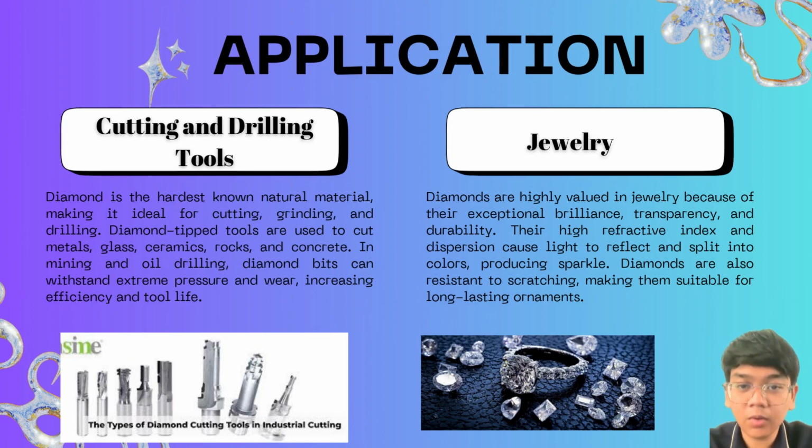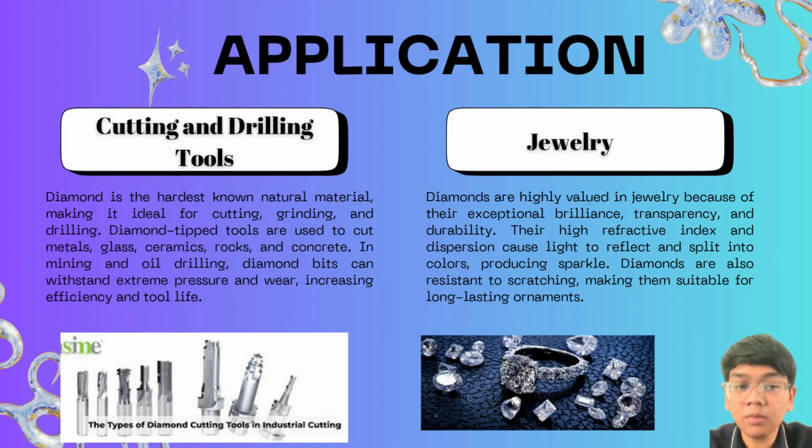On this slide, we would like to explain the application of diamond, focusing on how its unique properties make it very useful in both industry and jewelry. On the left side, we see how diamonds are used in cutting and drilling tools. Diamond is the hardest natural material, which makes it ideal for cutting very tough material like metal, glass, ceramics, rock, and concrete.